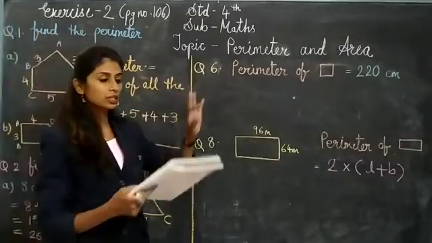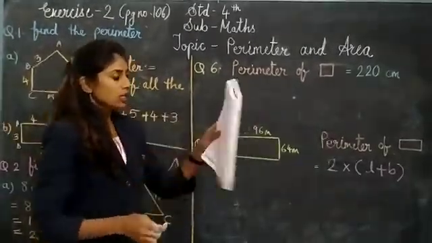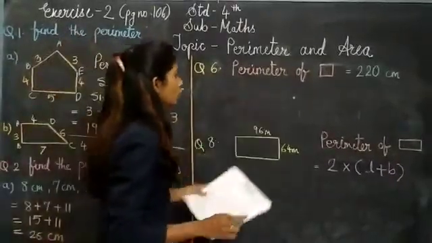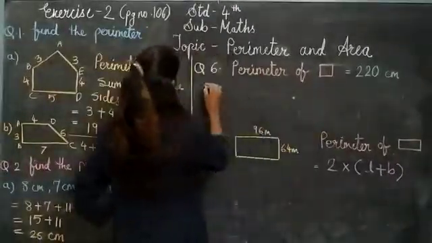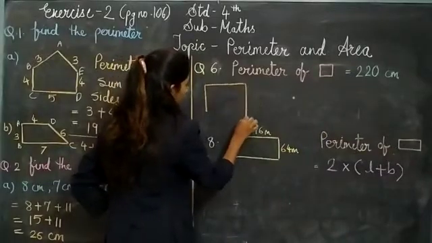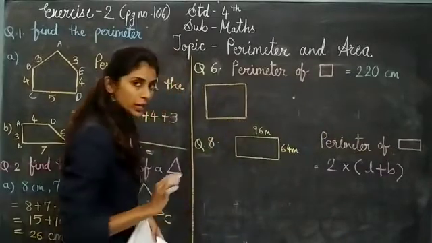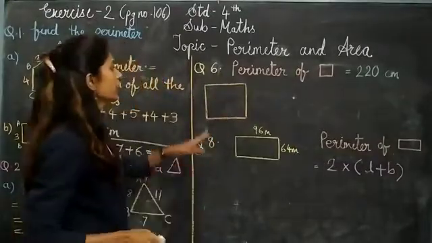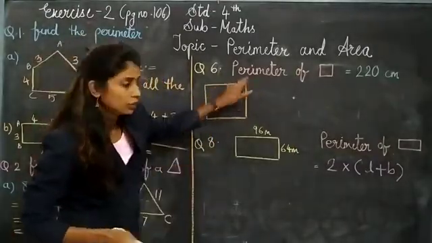Now let us see question number 6, children. The perimeter of a square cloth is given as 220 centimeters. So let us just imagine this is the piece of that cloth. Now they have not given the sides here, they have given the total perimeter.